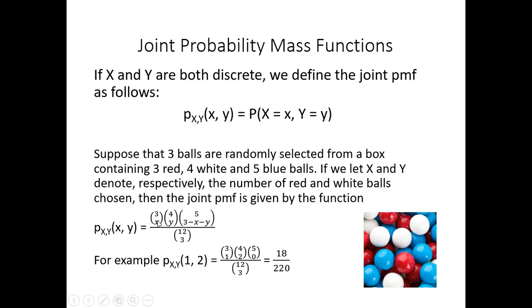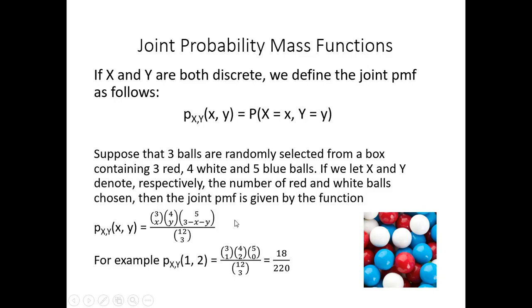Probability of x, y is 3 choose x, 4 choose y, and then we have 5 choose 3 minus x minus y. Notice we're only choosing 3, so the sum of x and y is at most 3. And then in the denominator, we have 12 choose 3, because there's 12 balls in total, and this is the number of ways to choose 3 out of the 12.